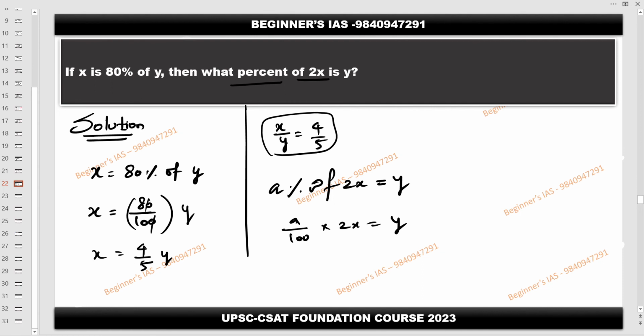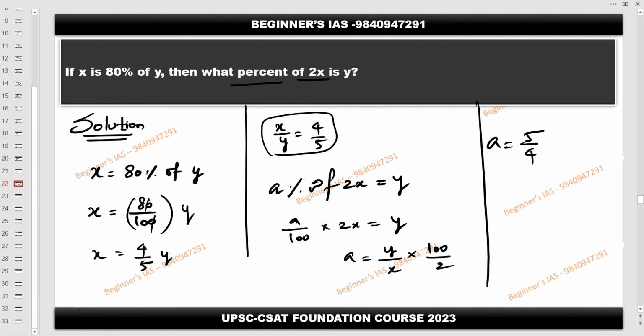Then how to calculate that? So a is equal to y by x into 100 by 2. See, x by y is nothing but 4 by 5. Then y by x is nothing but 5 by 4.